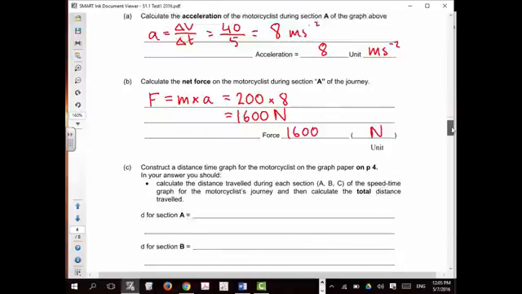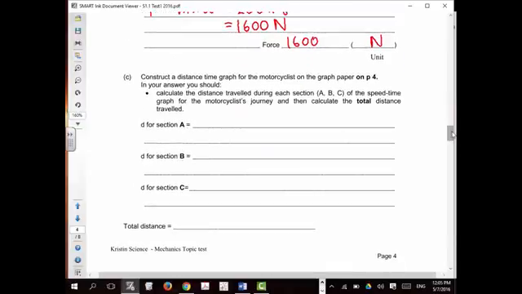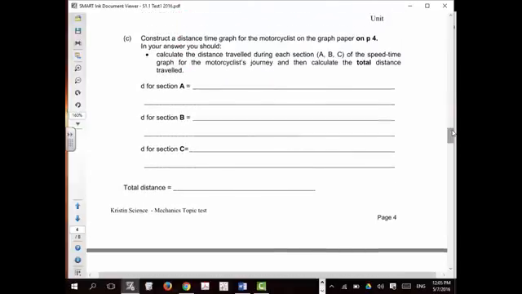So let's put that in here. So for section A, the distance is half times 5 times 40, which is, well, half times 40 is 20, 20 times 5 is 100 meters. For section B, we had the rectangle, right? So that was 5 times 40, which is 200.